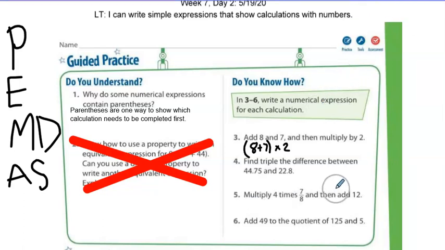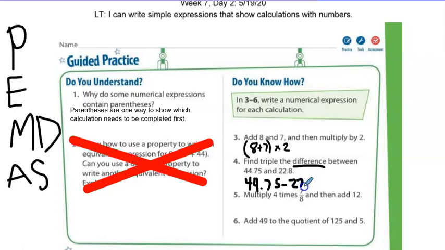So that means that we need to find that difference, and then we're going to triple it. So difference means that we're going to subtract. So we're going to take 44 and 75 hundredths, and we're going to subtract 22 and 8 hundredths.